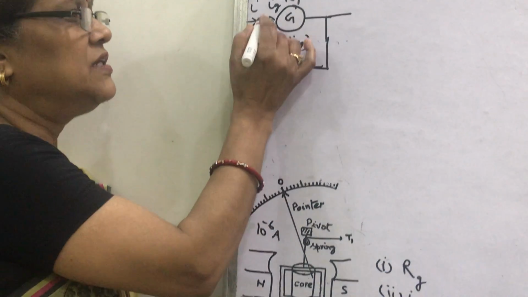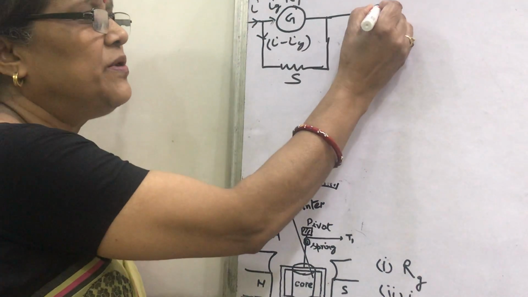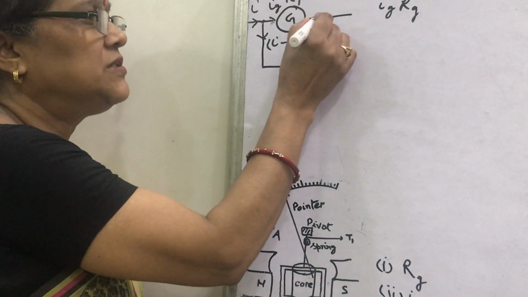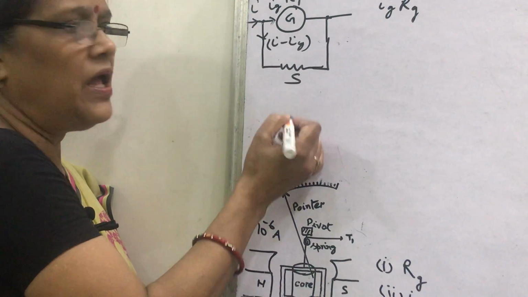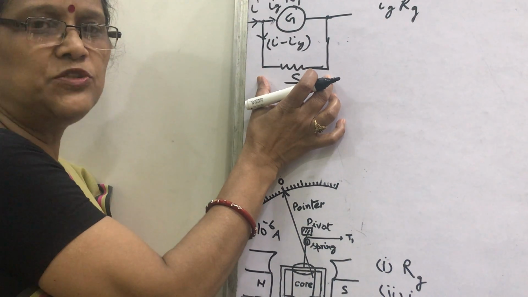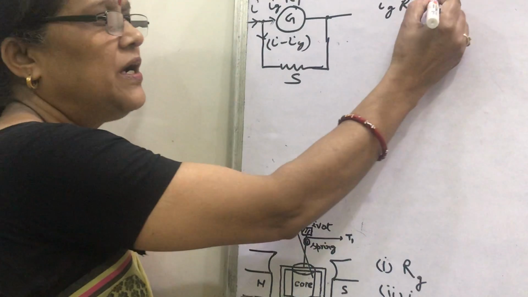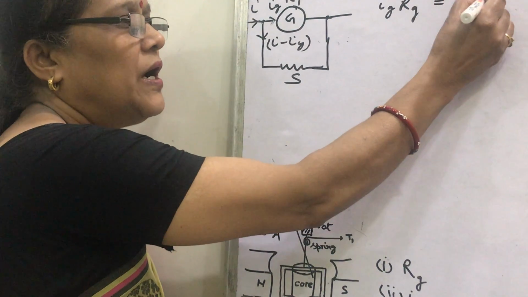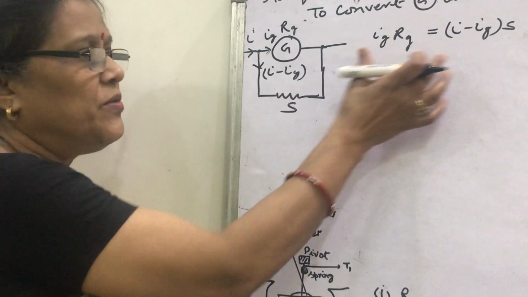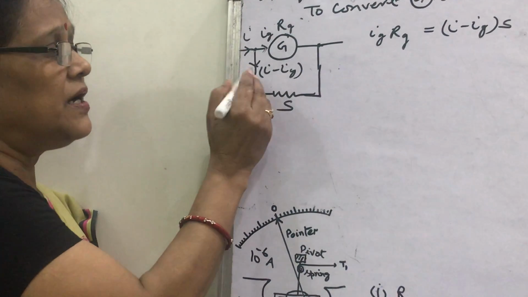Look here, this Ig will flow through the galvanometer, then Ig into Rg will be the potential difference across these two points, and here in parallel what will be the potential difference across these two points? I minus Ig into S. So what will you write? That Ig Rg will be equal to I minus Ig into S. Why have I written this? Because in parallel the voltage remains the same.